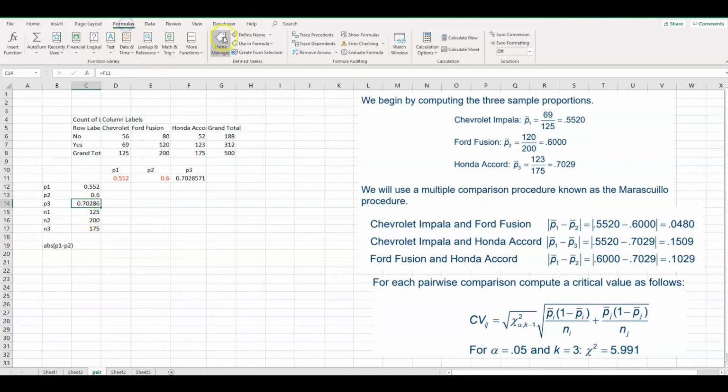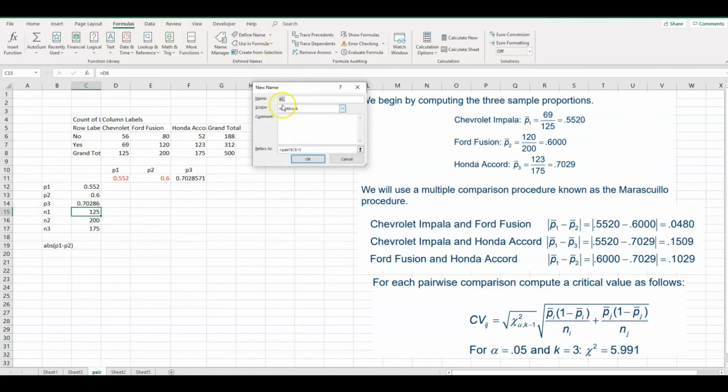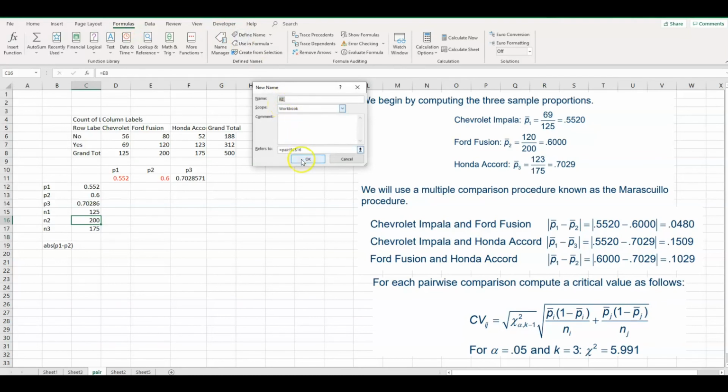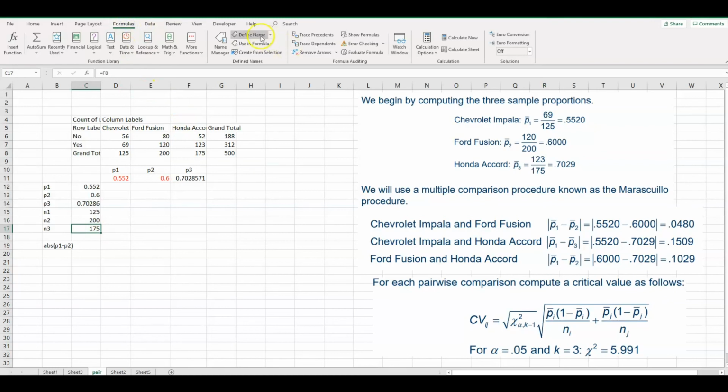Formula, define, P3 underscore, and then formula, define, N1 underscore. Formula, define, N2 underscore. Finally, formula, define, N3 underscore.